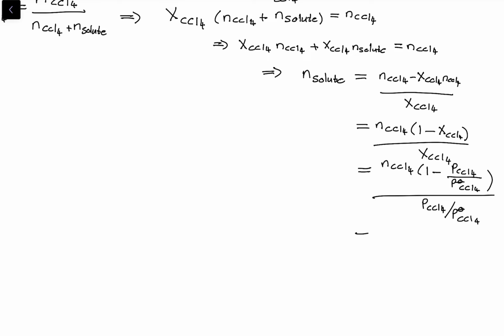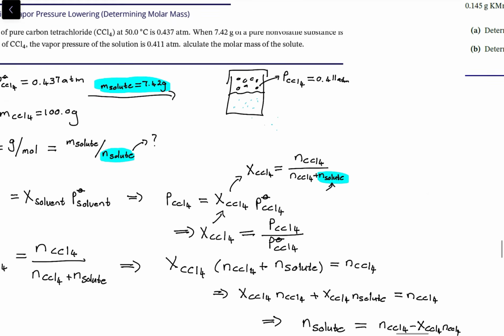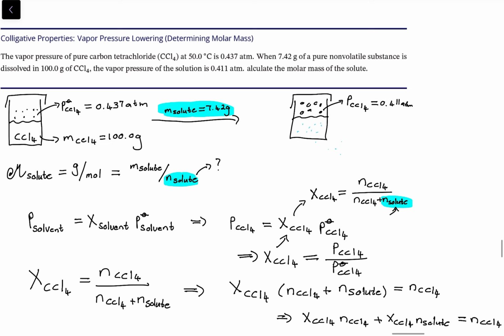So now we can just plug in all our values. Things that we need: what is the number of moles of CCl4? We can calculate this. It's going to be, of course, the mass of CCl4, so it's 100.0 gram, divided by the molar mass.